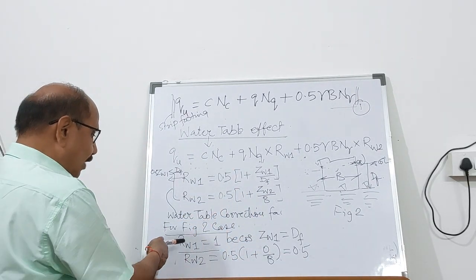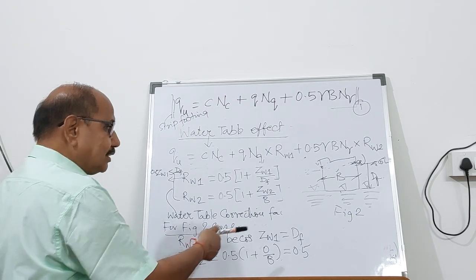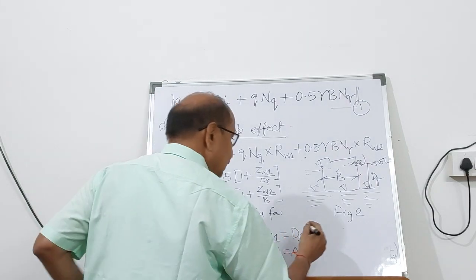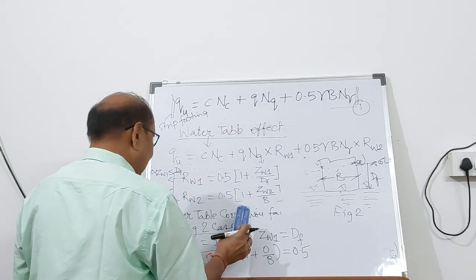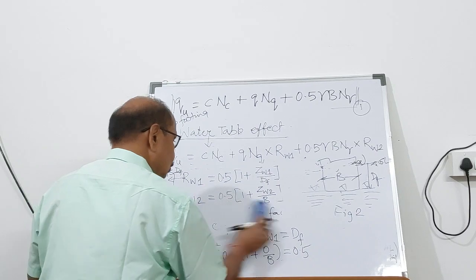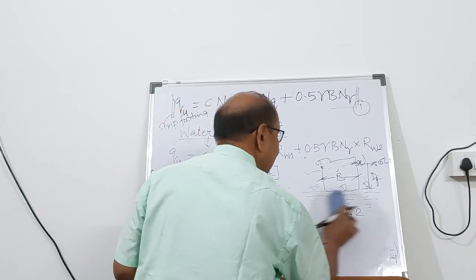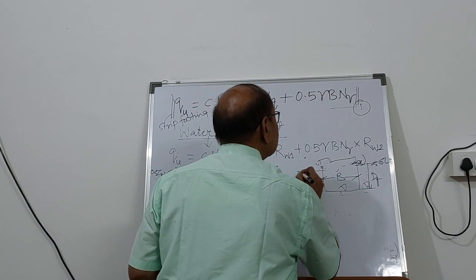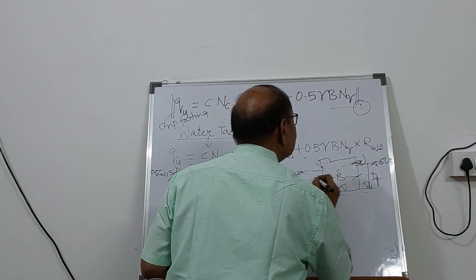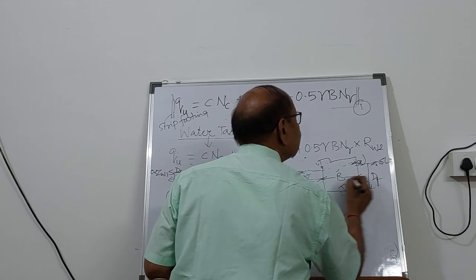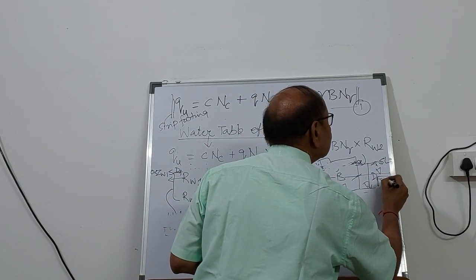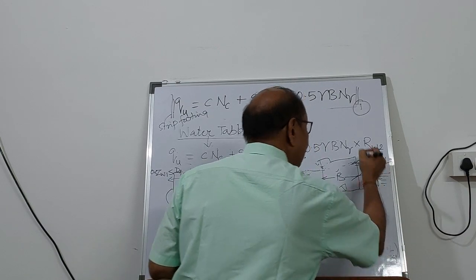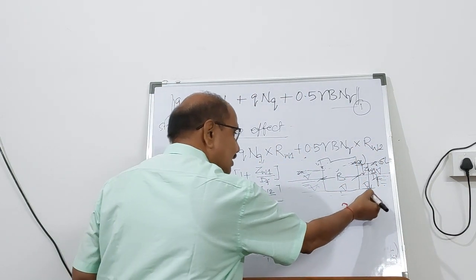The maximum value of RW1 is here. So for RW1, I will take a case and then calculate it. Water table correction factor for water level somewhere here, let's say it is here. ZW1, the depth of the water table, is now less than DF.